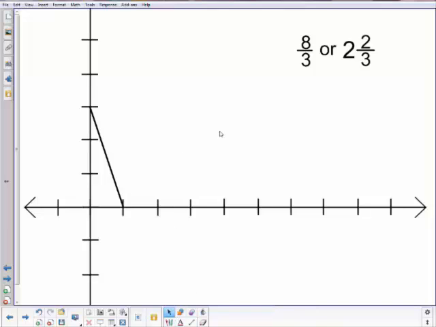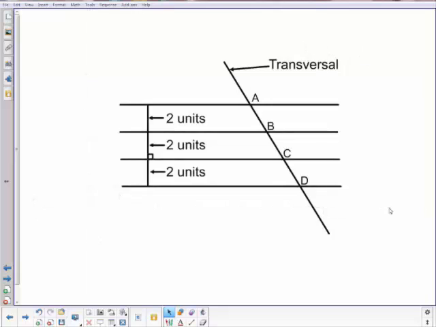Now what I'm going to do is this. You will recall there is a theorem of mathematics which states that parallel line segments which are equidistant from each other will divide a transversal cutting the parallel lines into segments which are congruent or identical in length.